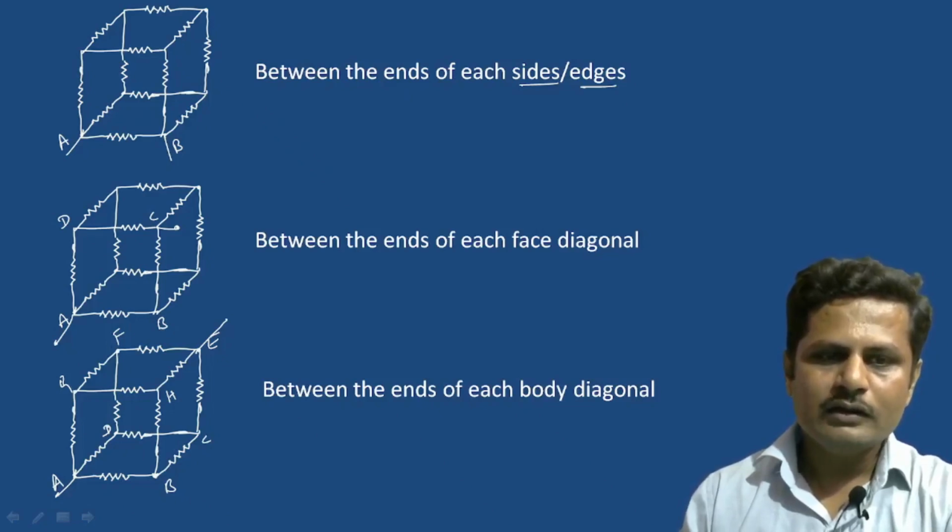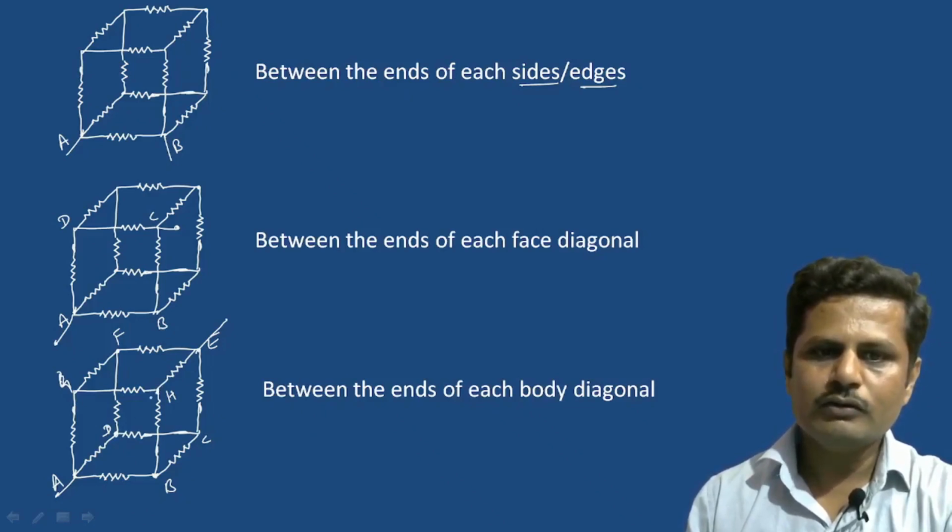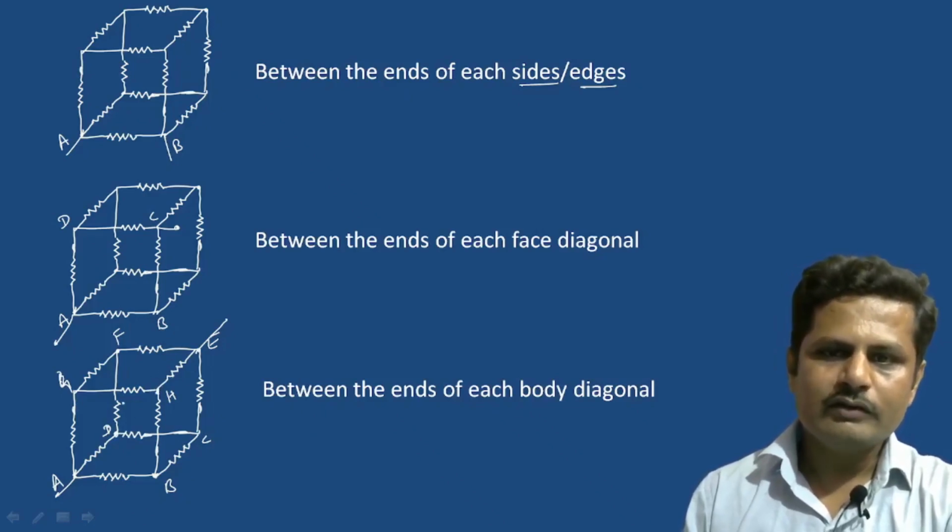In the same way, G and C, these two are also ends of the body diagonal, or between the points H and D, these two are also ends of the body diagonal.